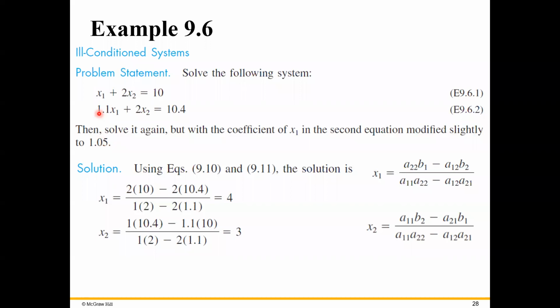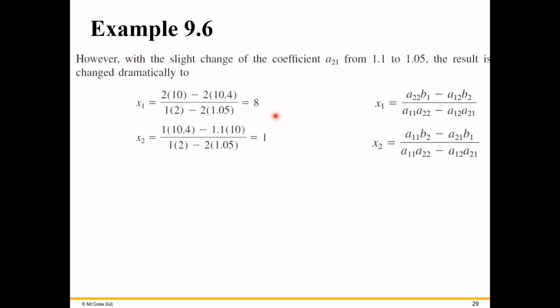So there is not much difference in the equations, but there is a large difference in the solution. Due to this situation, we can say that the system is an ill-conditioned system.